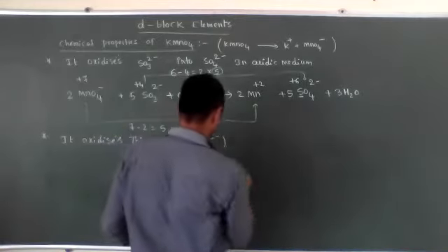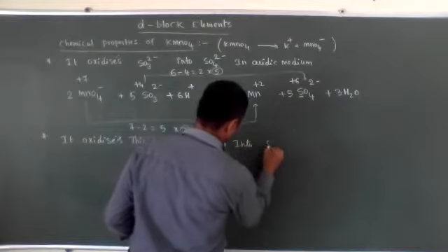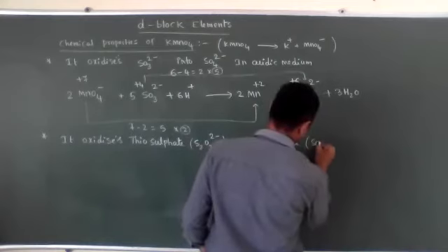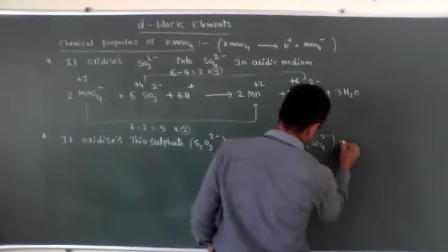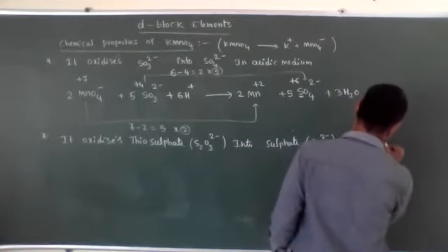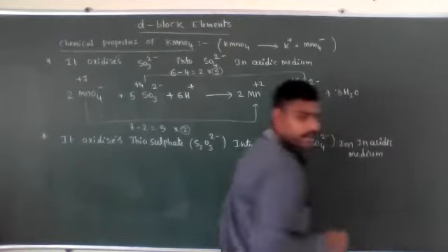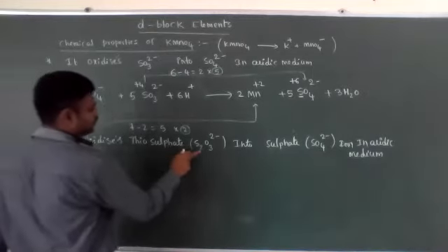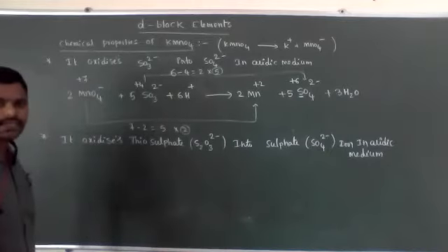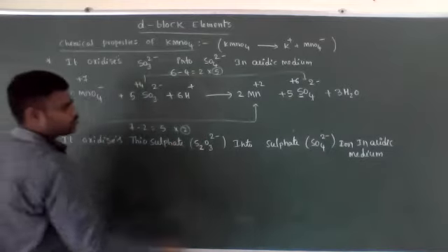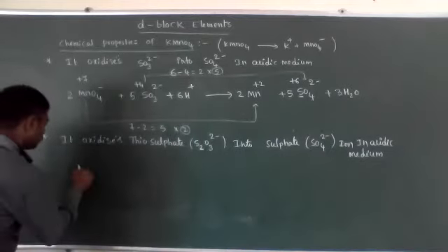Thiosulfate into sulfate in acidic medium. Okay. Thiosulfate, so the ionic form is S2O3 2 minus. Thiosulfate into SO4 2 minus, sulfate ions.